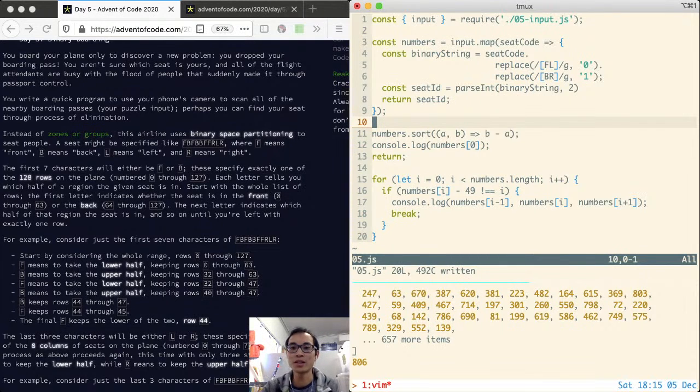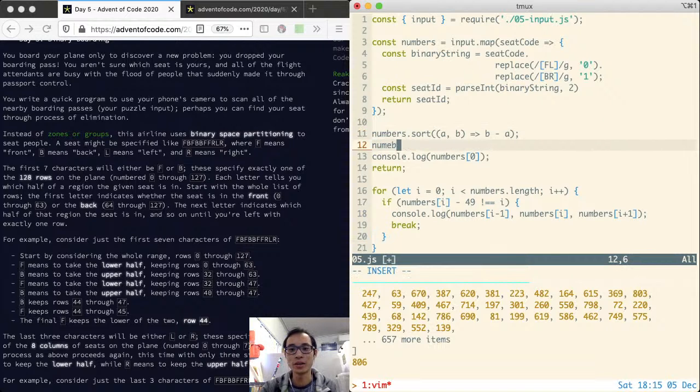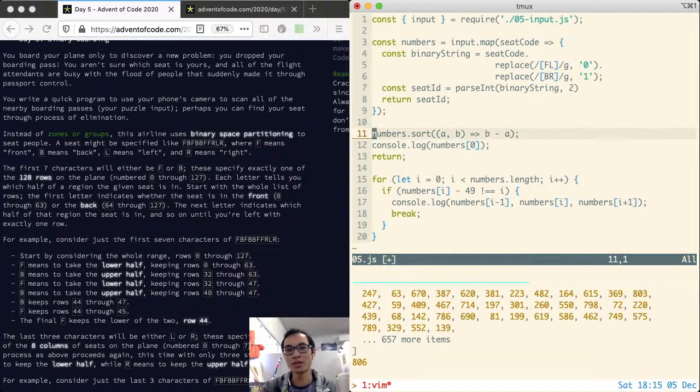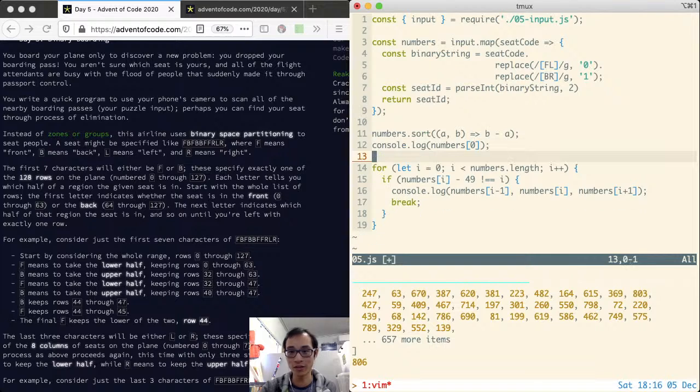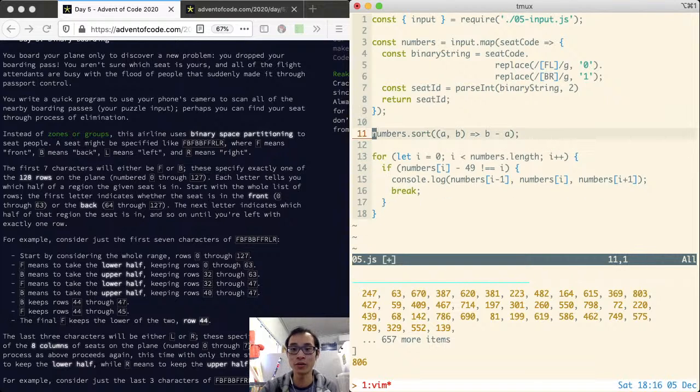I don't think JavaScript has it, which was why I had to do the sort thing. You could fold, but folds in JavaScript are kind of, I don't even know if the syntax is right. It was too hard to work out on half a brain, so I just sorted it and printed the big number. That gave us the answer to the first half of the question.